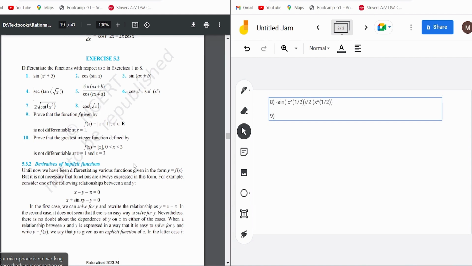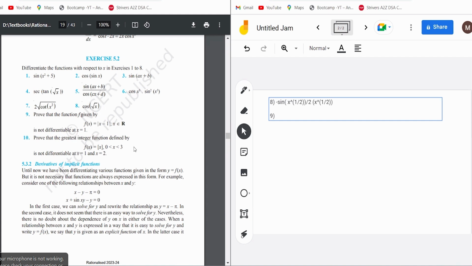Question number 9. So question number 9 is saying prove that the function f given by f(x) equals mod of x minus 1, x belonging to R, is not differentiable at x equal to 1. So here we have to prove that our function is not differentiable at x equal to 1. So how can we do that? So let's see.